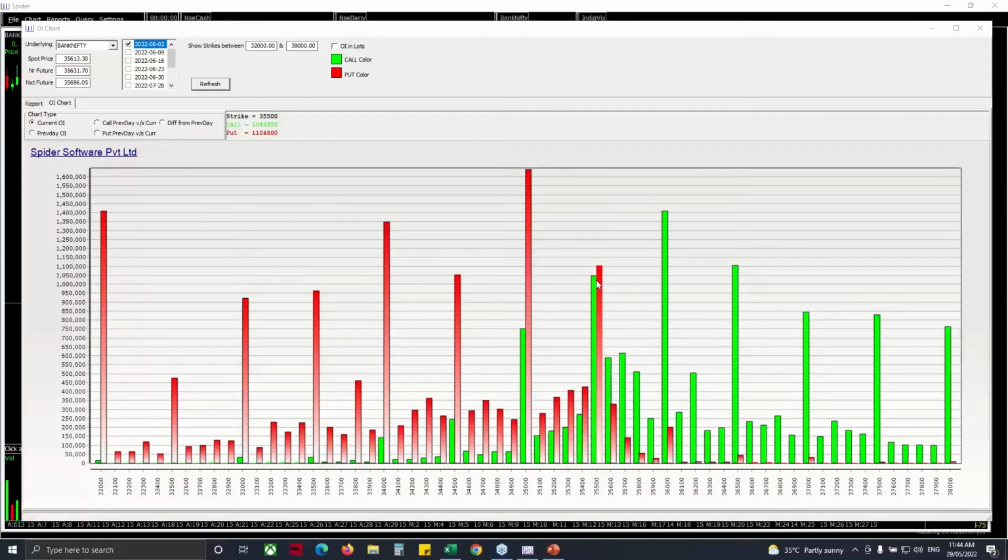If there is an increase in open interest on calls, if we observe that in the coming trading session, then we can see a consolidation might happen, which might retest the 35,000 level or somewhere between 35,500 and 35,100 in coming sessions.